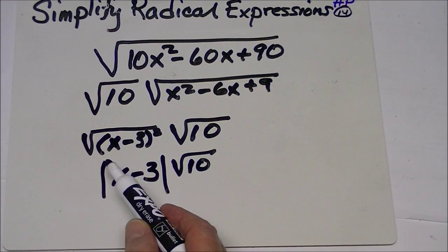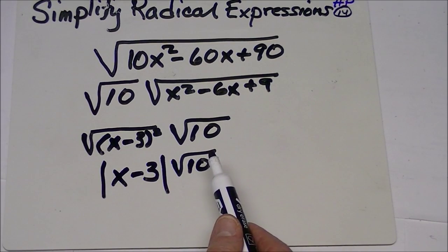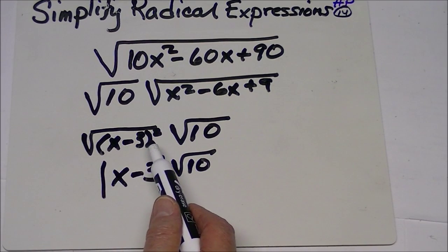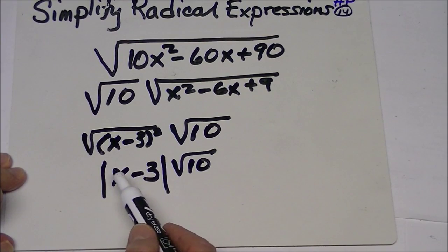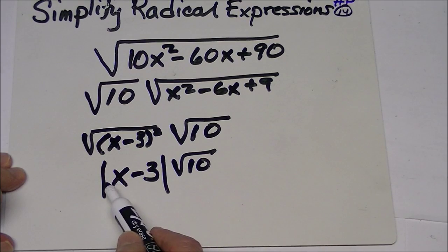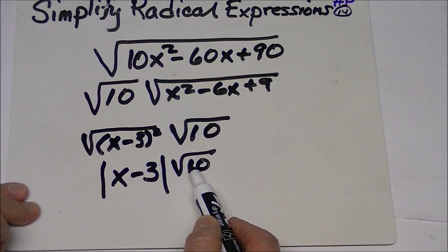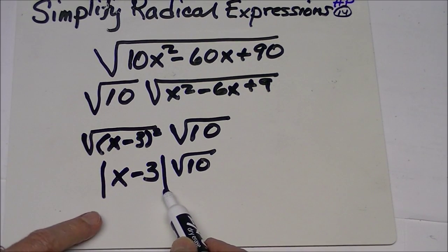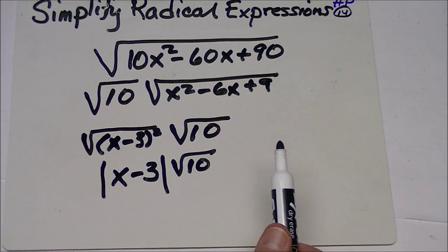Now, if we were not asked to ensure all real numbers and just have this as the positive value, instead of absolute value signs, we would need parentheses here because what is in the parentheses is times the square root of 10.